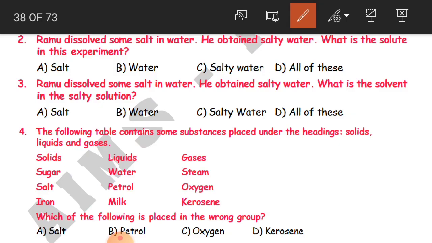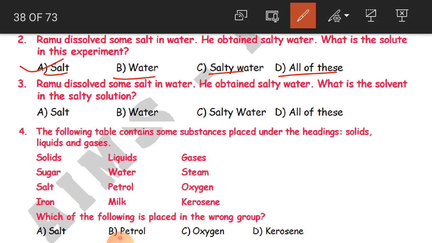The normal water became salty water. So what is the solute in this experiment? Solute is the one which is dissolved. Is it salt, water, salty water, or all of this? And the answer is salt, children.